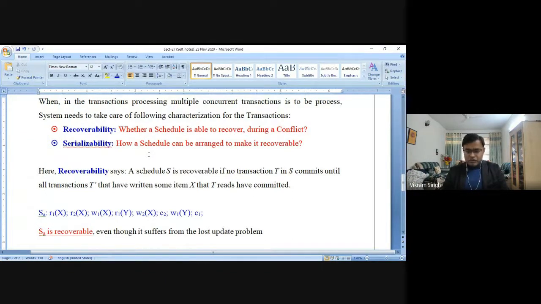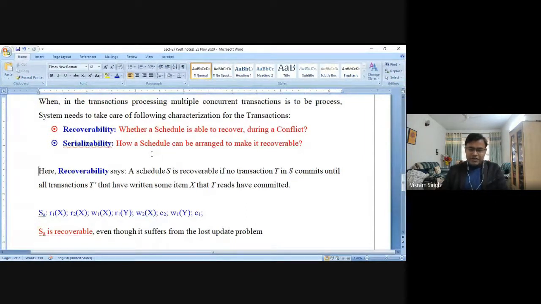You need to take care of that, because of the failure of T1, which has read this data item X and modified it. If the system fails in between, then this state of data value X will be in an invalid state, which will cause problems for other transactions.